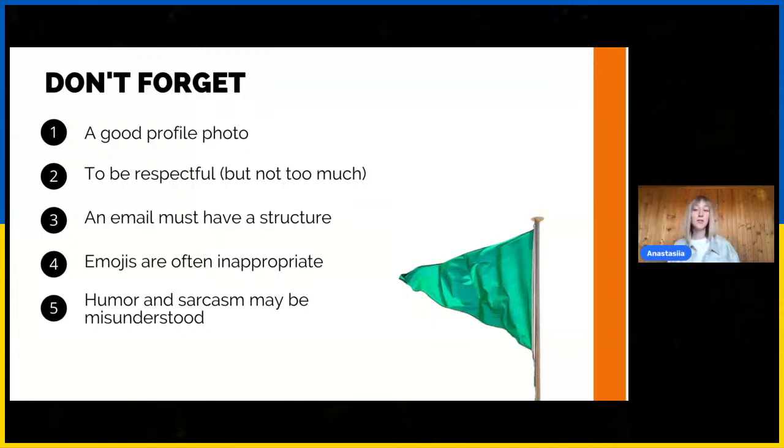So as for using emojis and humor, it's my favorite topic. I have seen a lot of examples when it was really inappropriate and when it was totally misunderstood. As for emojis, sometimes we feel that it's okay to use some emoji like a smile or a thumbs up, but sometimes it can be misunderstood by a receiver. Let's imagine the situation.